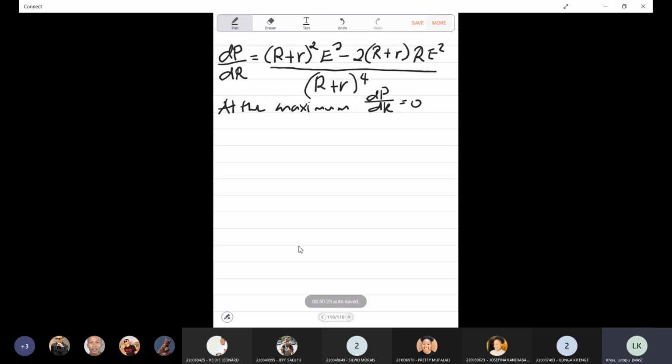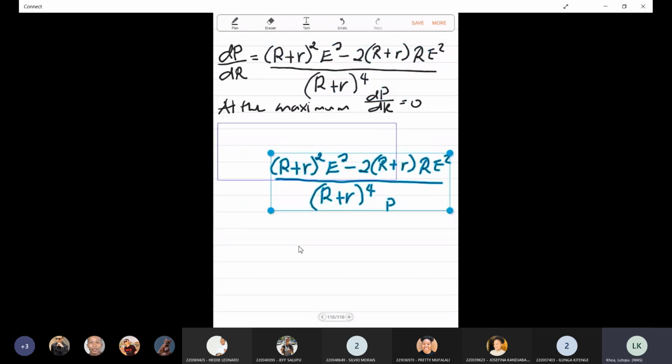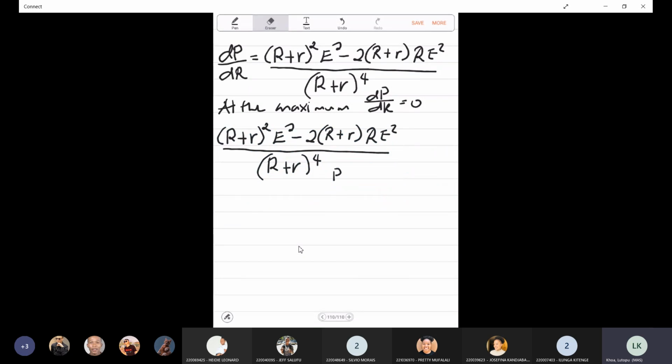So we can say that this whole thing here is equal to 0.